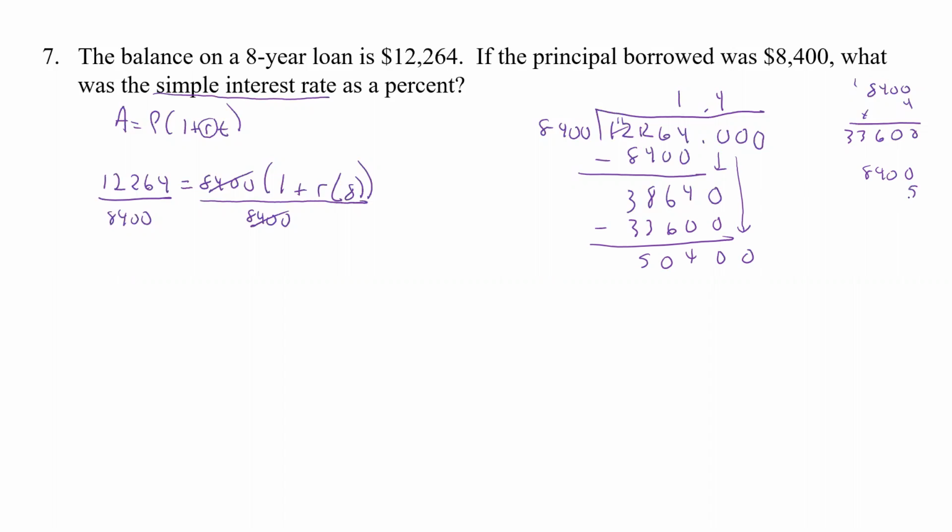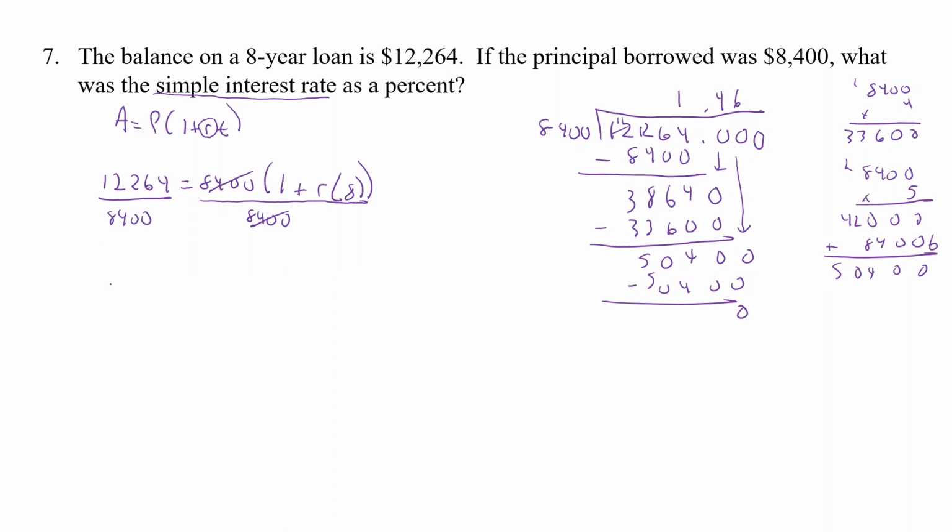Let's try 5. That's 42, and if we add 8,400 to that, oh, we did need this 6 after all. And so that gives us 6, and then we have 5,400. Subtract that, that's 0.